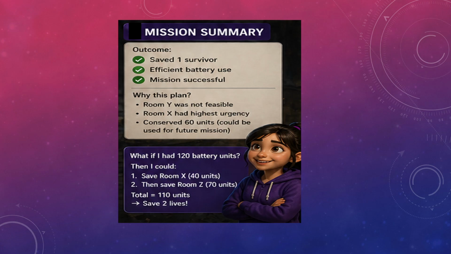It could have saved the room Z survivor also, and total battery usage would have been 110 units, and it would have 10 units of battery remaining, and it would have saved 2 lives. So depending upon the constraints, the scenarios change. Okay.